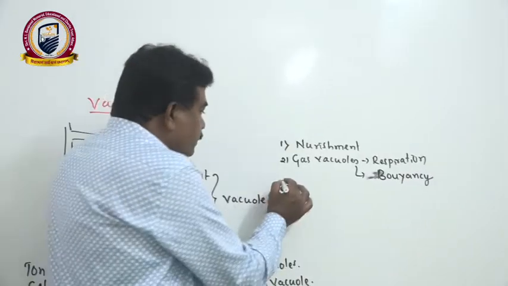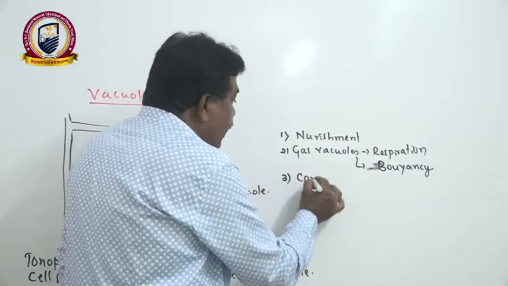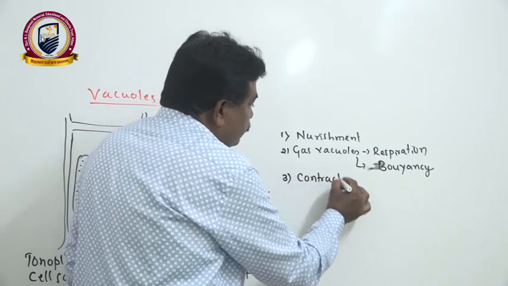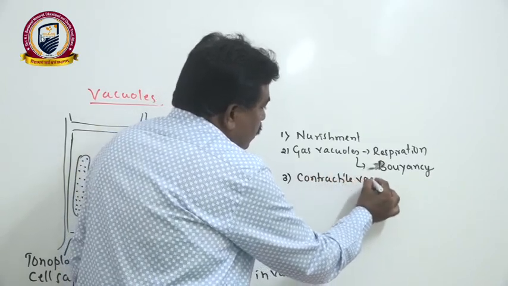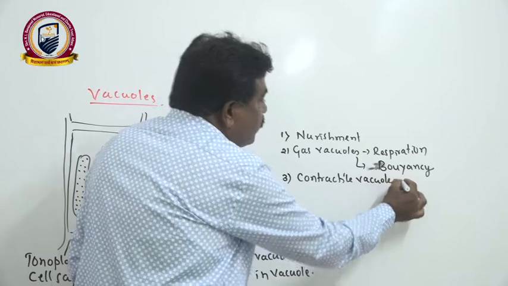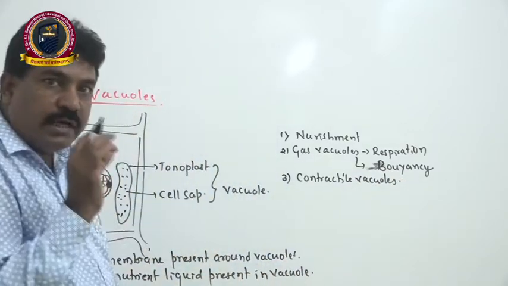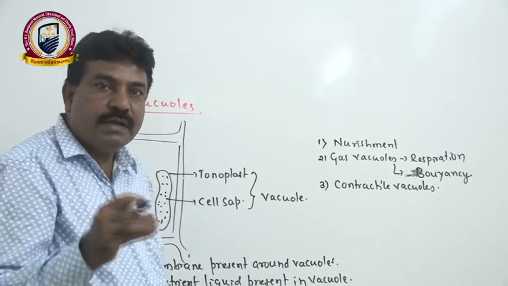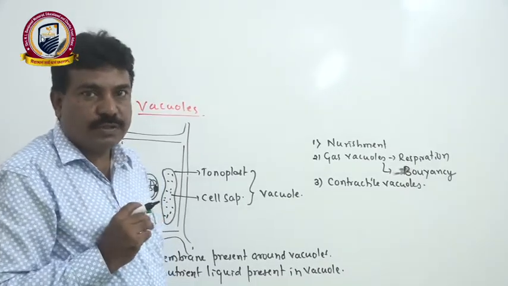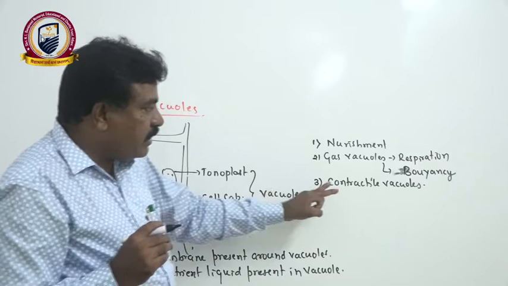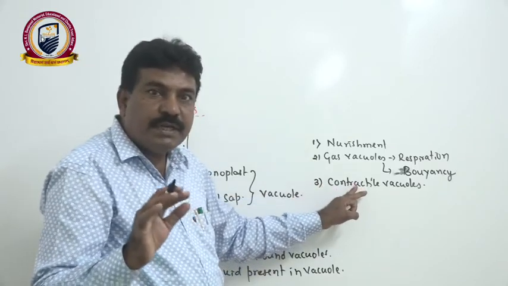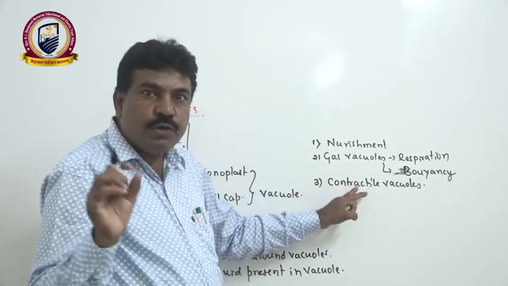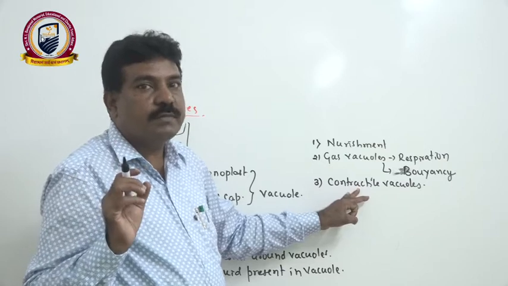There are special types of contractile vacuoles that we see in protozoans. They help to remove the excess water that enters freshwater protozoans. The name contractile vacuole itself indicates they have the ability to move from one place to another.